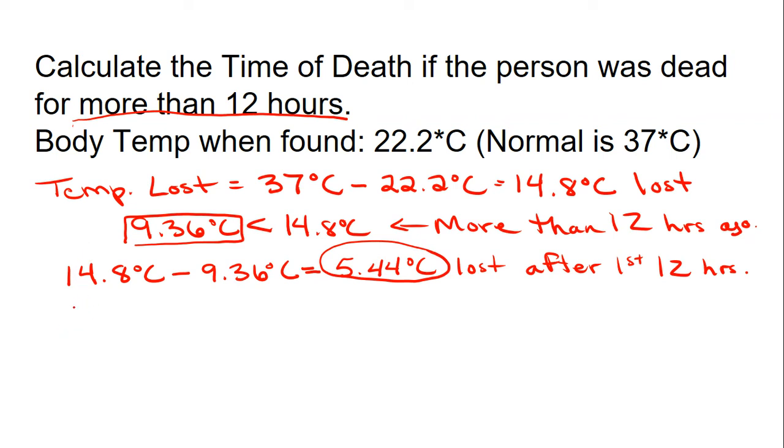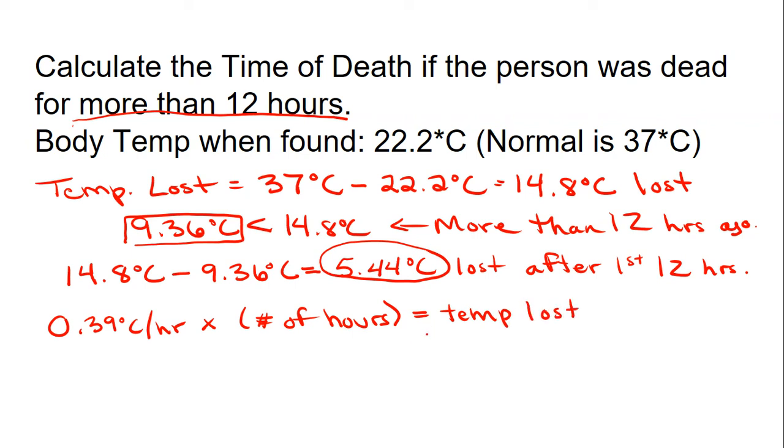So after the first 12 hours, the rate of cooling is going to be 0.39 degrees Celsius per hour. And so what that means is the body is now cooling slower for every hour after those first 12 hours. So we're going to take this rate times the number of hours after the first 12 hours, and it's going to equal our temperature lost again. So this time, our temperature lost after the first 12 hours is 5.44 degrees Celsius.